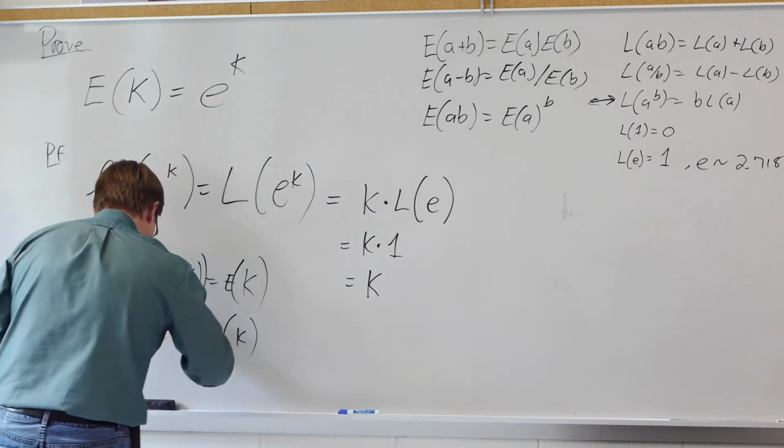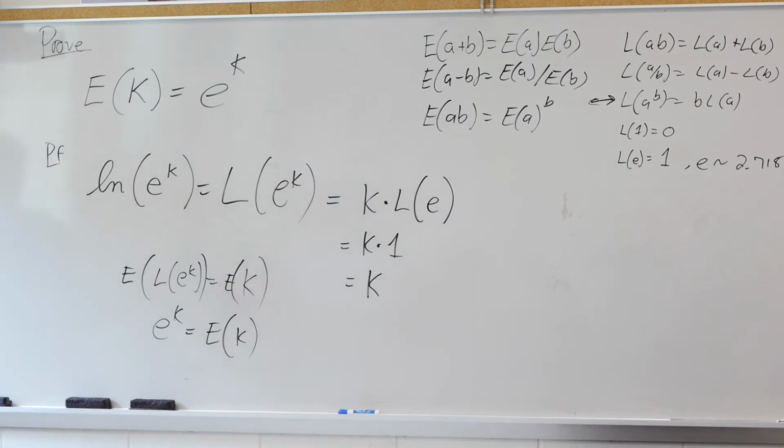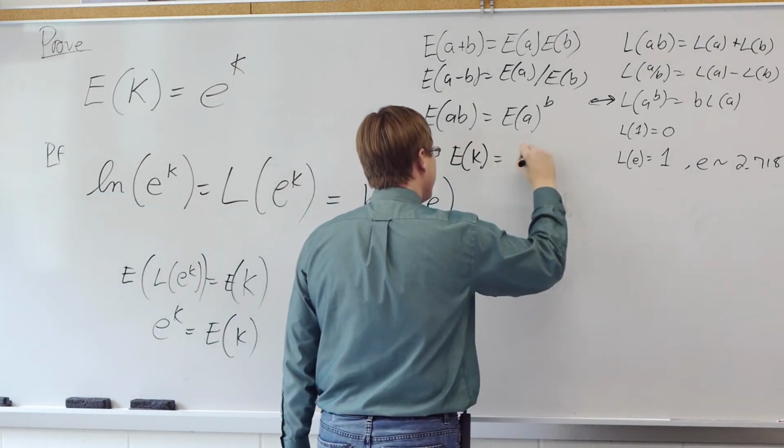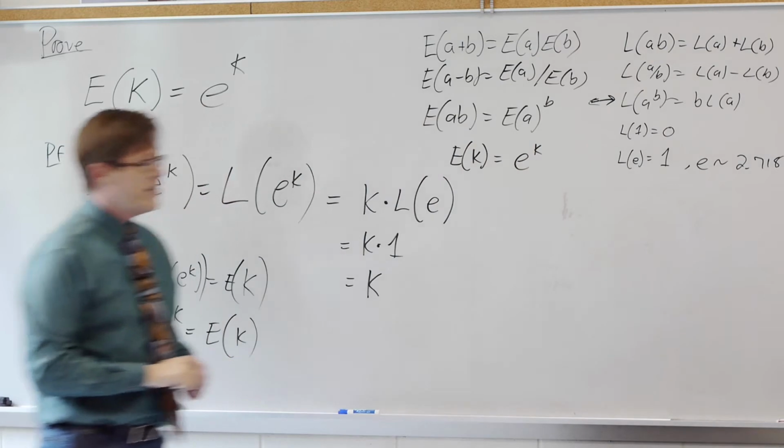Confusing myself. E to the k equals E of k. Because the left side just cancels out. Does that work? So let's add to the list that capital E of something is e to the power.